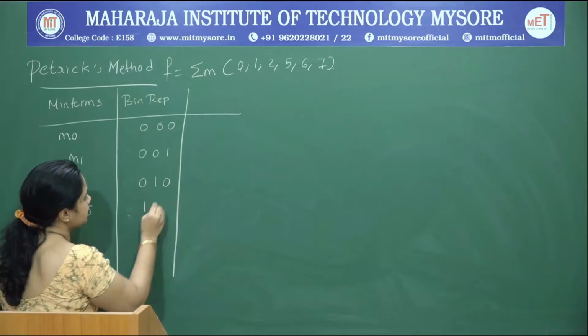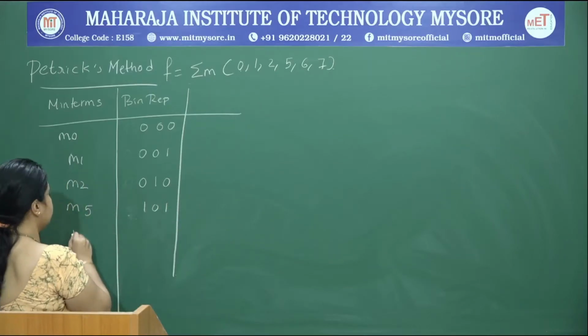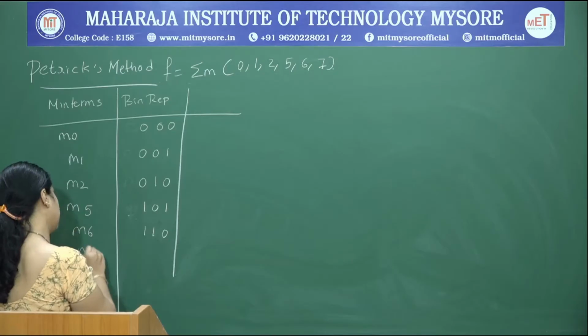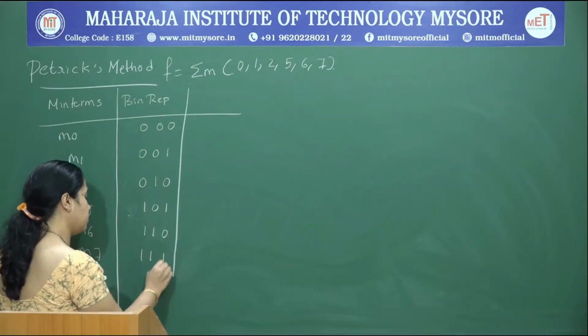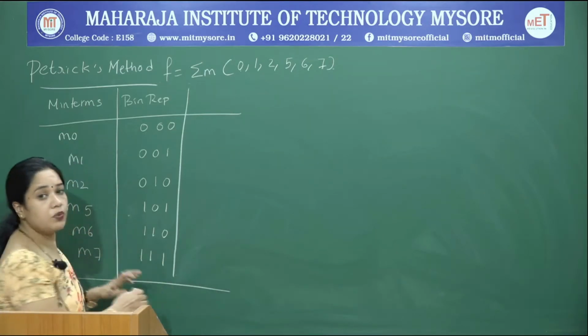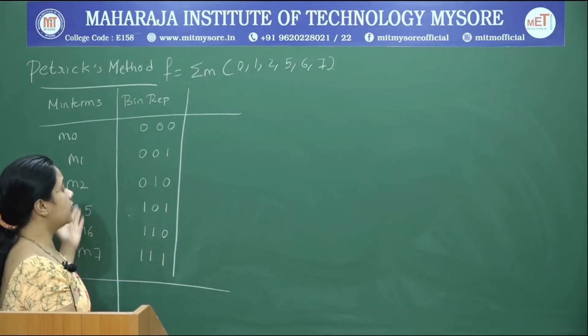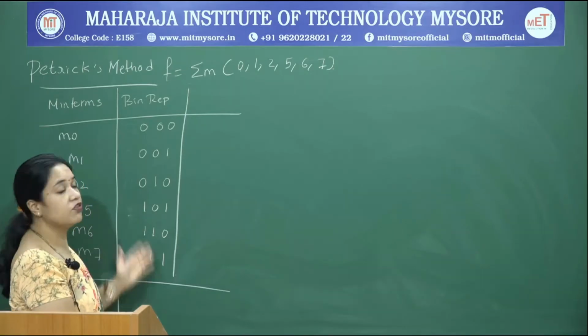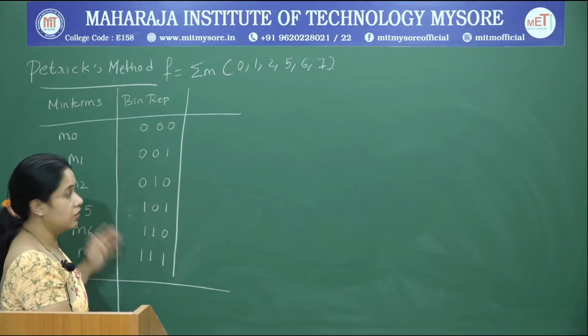So, M5 is 1, 0, 1 and M6 is 1, 1, 0, and finally, we have M7, it is 1, 1, 1. Now, we will sort them into groups depending on the number of ones in each minterm.